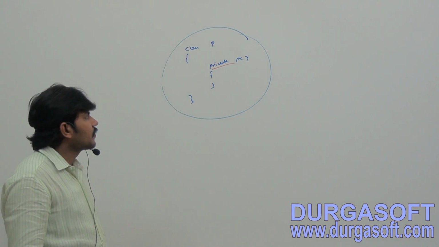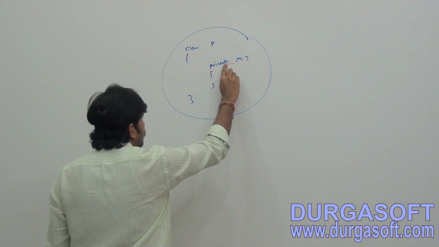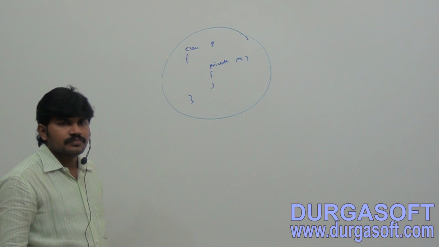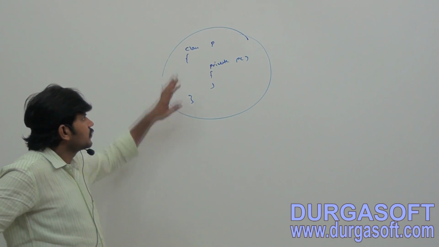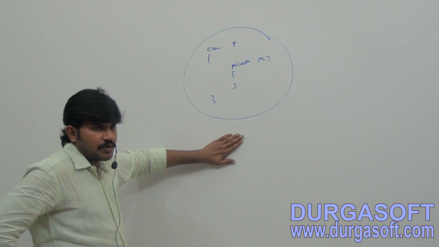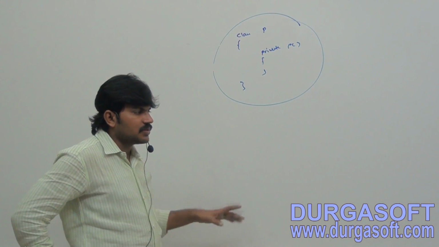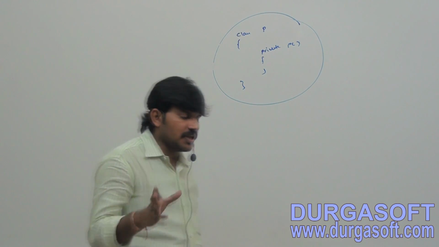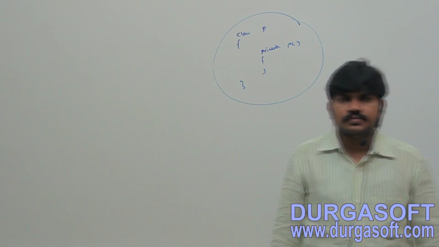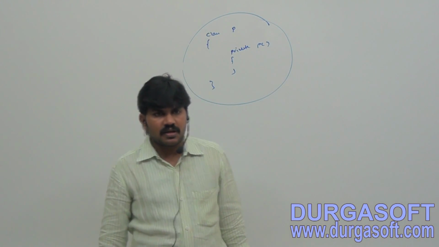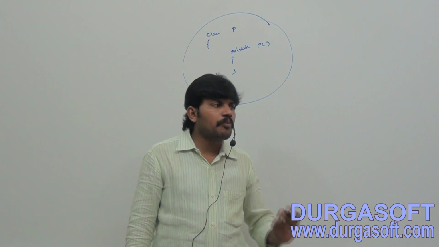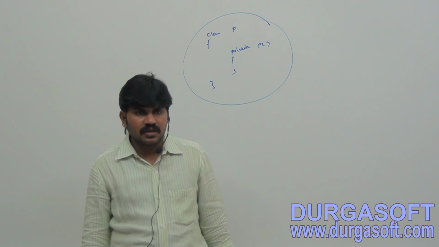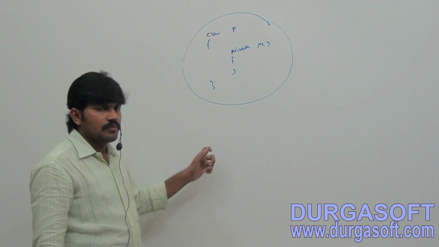Take this example: class P with private P. For the above class, it is impossible to create a child class. Are you able to understand?